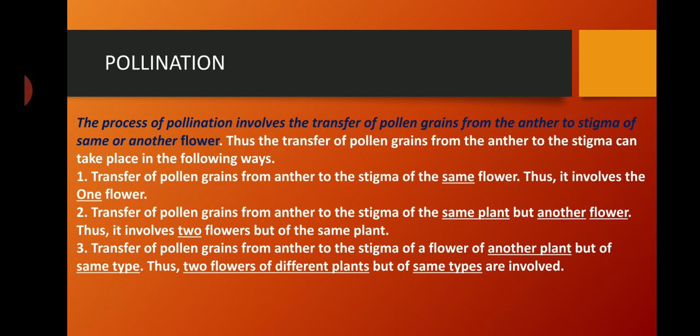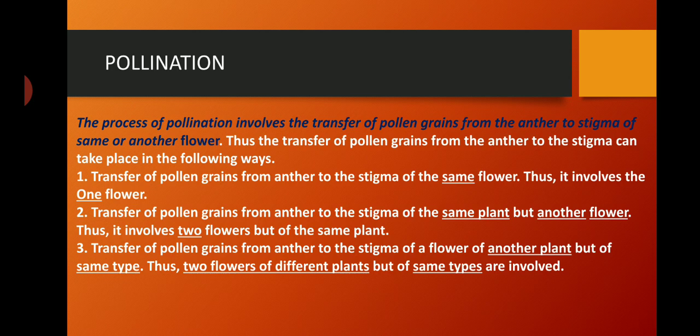Third case, transfer of pollen grain from anther to the stigma of a flower of another plant but of same type. Thus, two flowers of different plants but of same types are involved. Now, in this third case, there will be two plants, but the condition is the plants will be of same type or same variety.